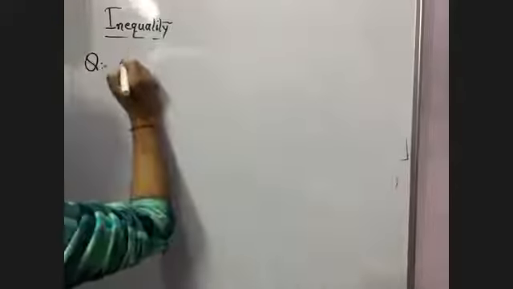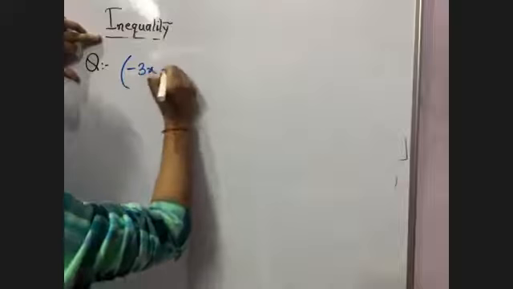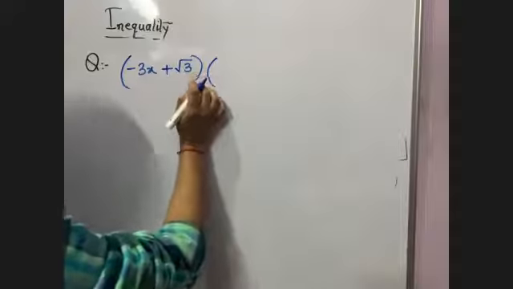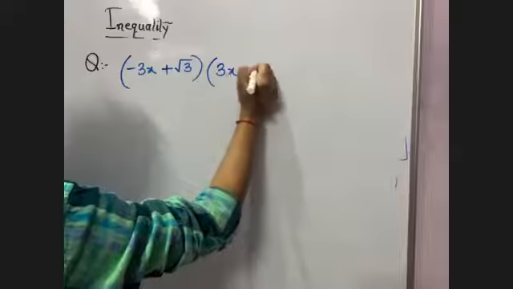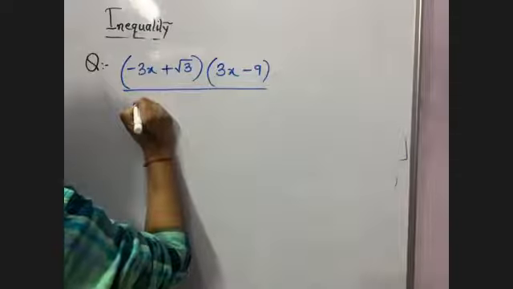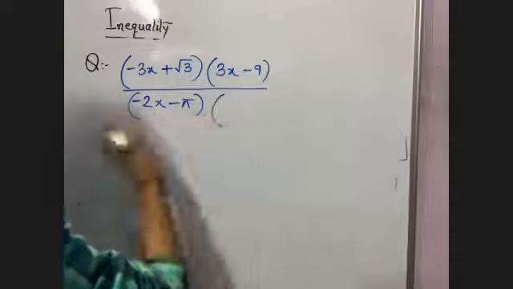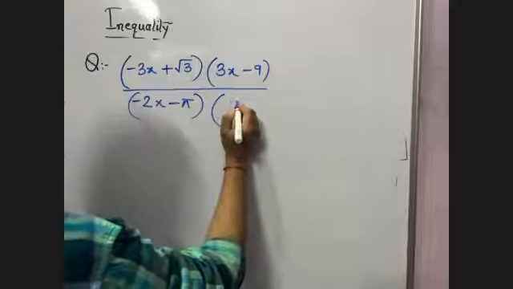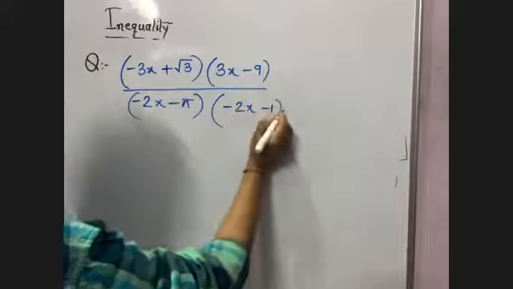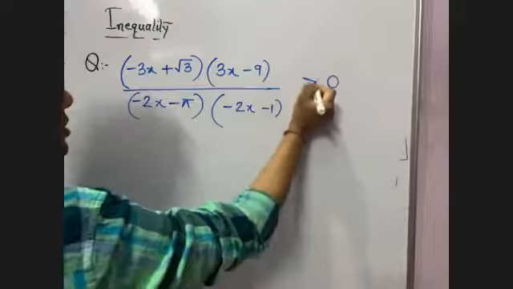So I'm framing a problem: minus 3x plus root 3, 3x minus 9, upon minus 2x minus pi, upon minus 2x minus pi. Okay, it is greater than or equal to 0.